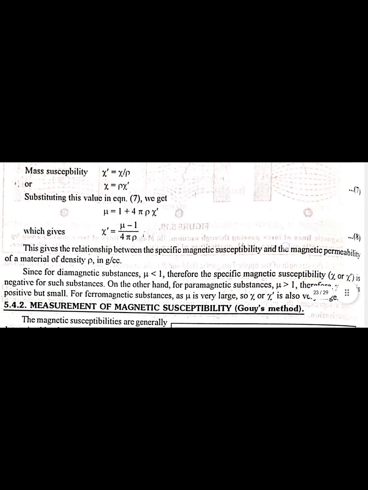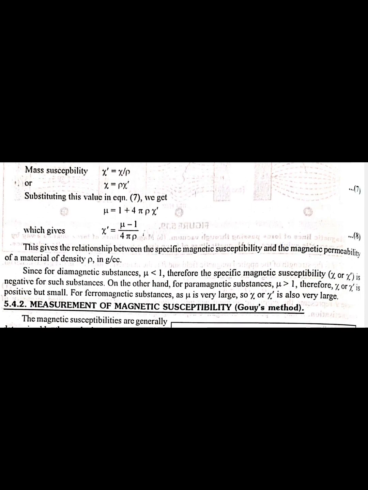However, for most practical purposes, we use mass susceptibility. It is obtained by dividing the volume susceptibility by the density rho of the material. Hence, we have mass susceptibility chi dash is equal to chi by rho. Chi is equal to rho chi dash.